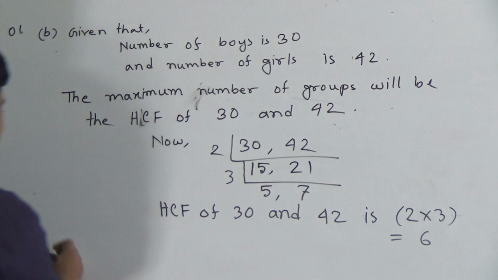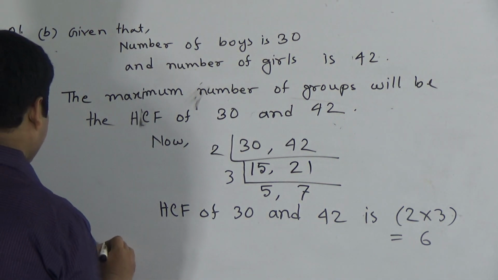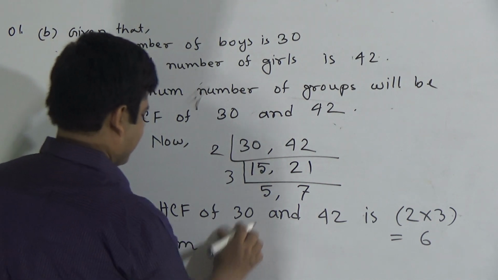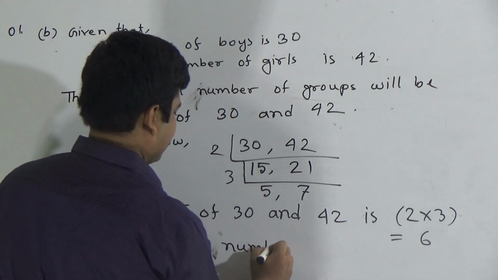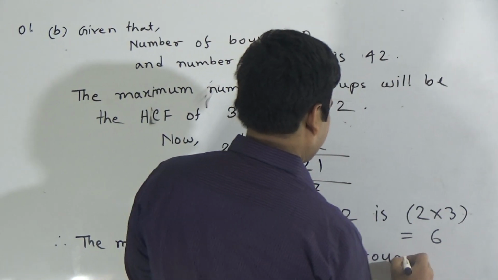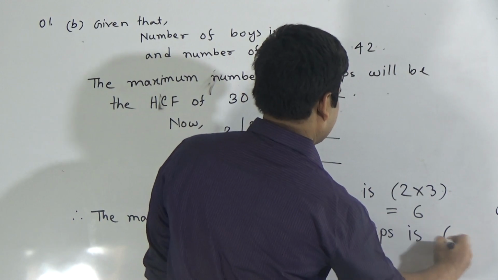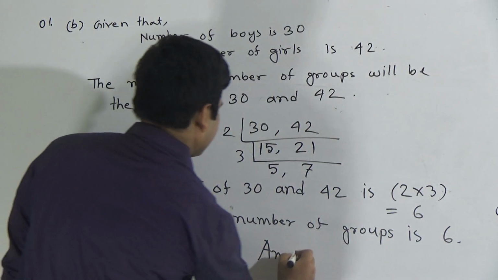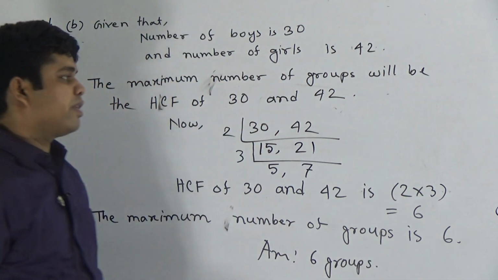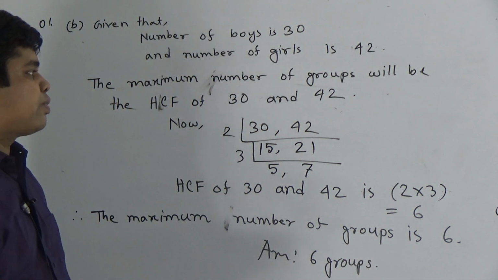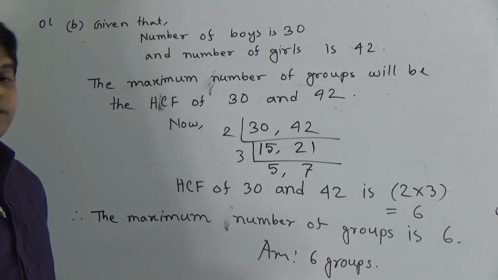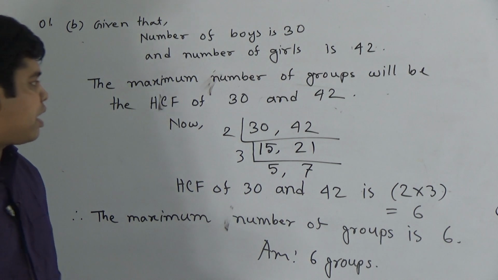So now write, the maximum number of groups is 6, and this is the answer. 6 groups. I hope you have understood, my dear student. This is a very easy question. Just solve it one or two times, then it will be clear to you.